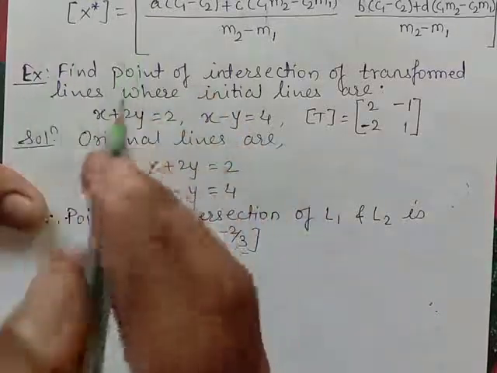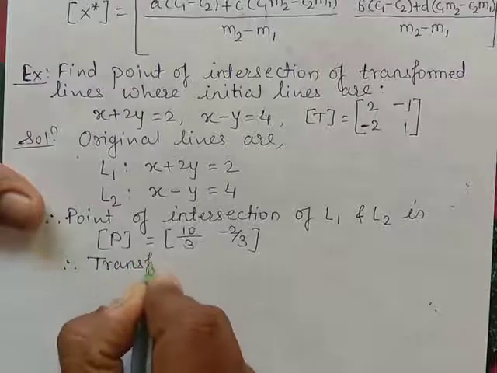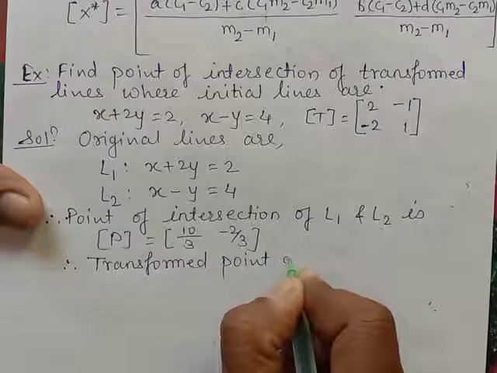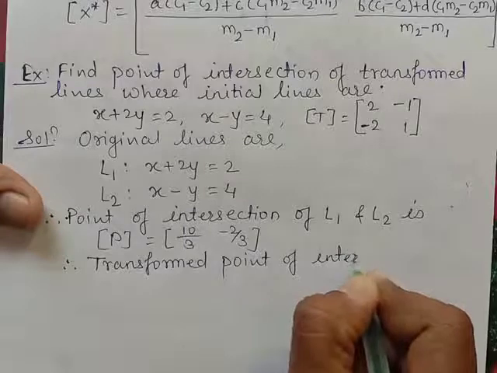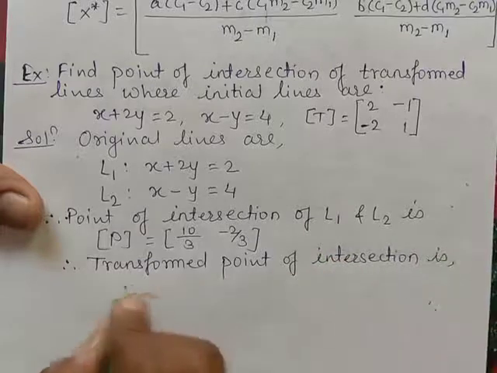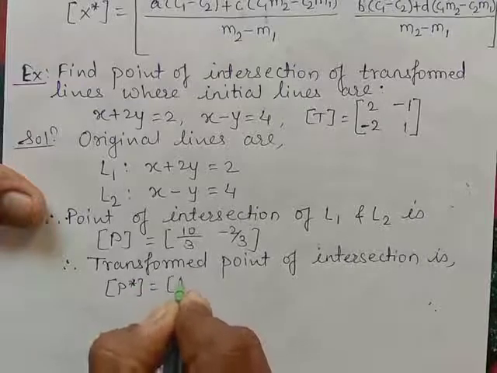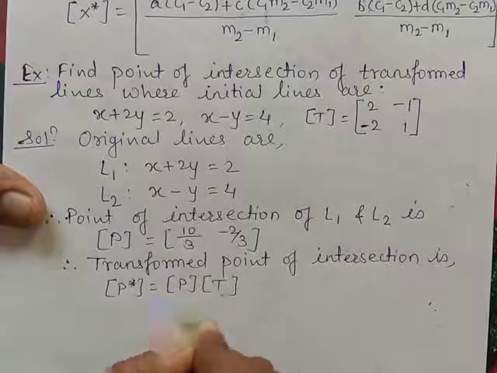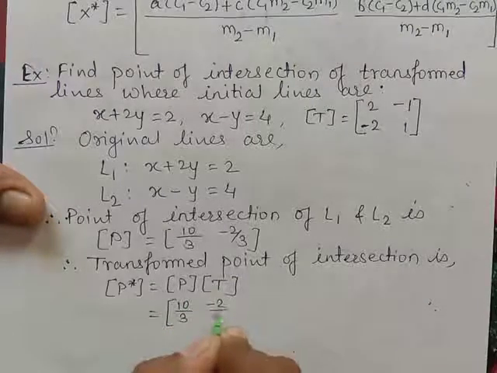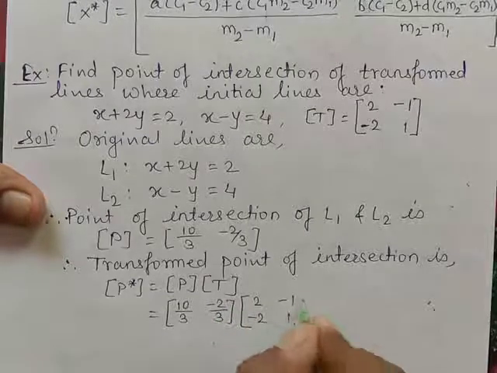No need to use the result and all here. It's a simple thing. The transformed point of intersection will be P star. It is nothing but P into T. So P is 10 by 3, minus 2 by 3, and T is 2, minus 1, minus 2, 1.